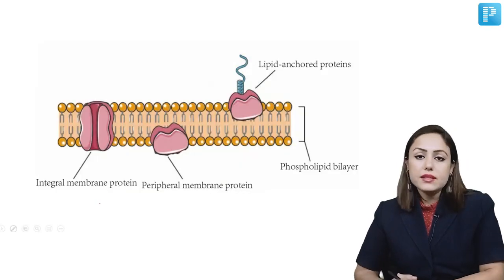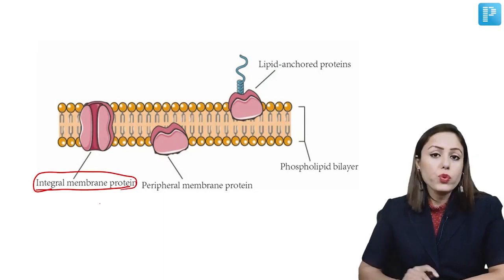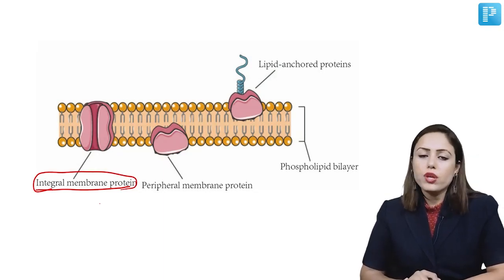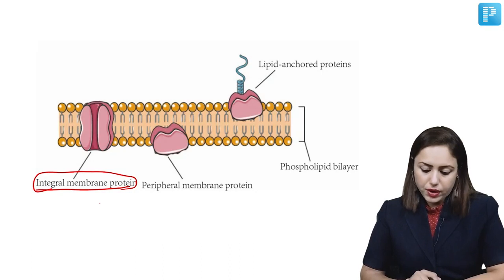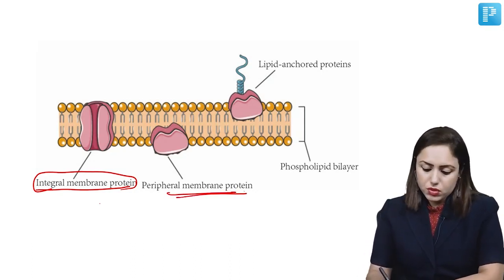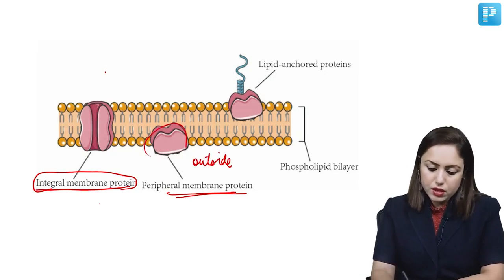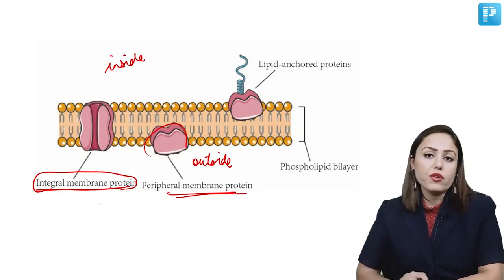Okay, then see the proteins in the lipid bilayer membrane. This protein is covering the entire length of the membrane, known as integral membrane protein. Example, sodium potassium ATPase pump, right? Then we have some peripheral membrane proteins, so towards the outside. So this is outside of the cell, you can say this is inside of the cell.